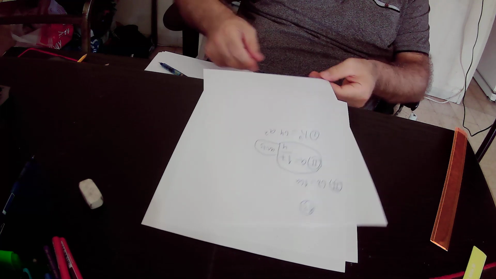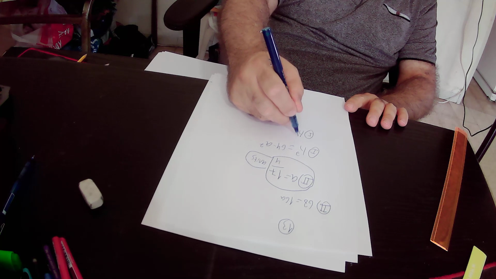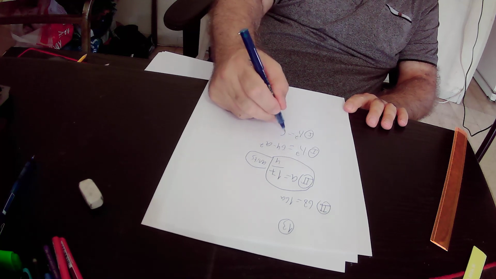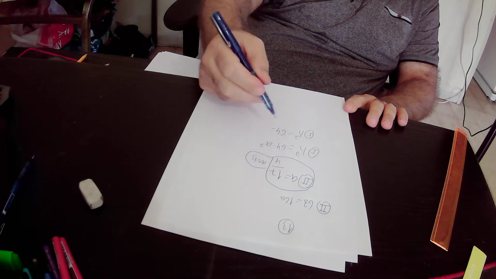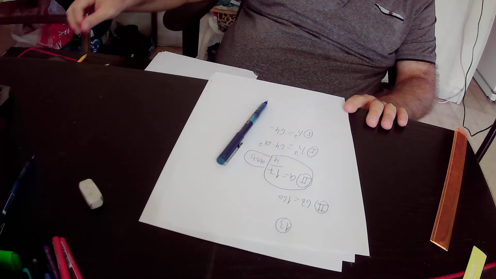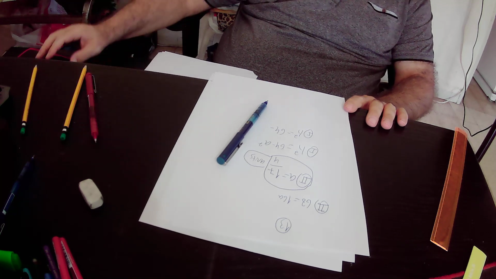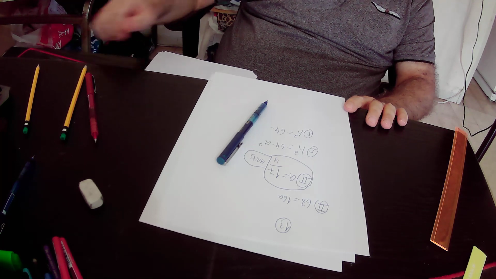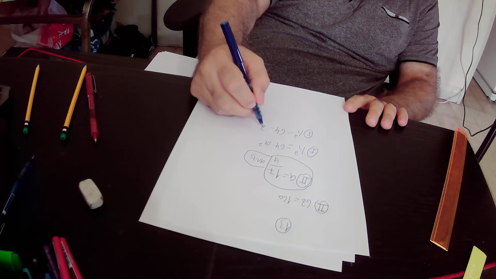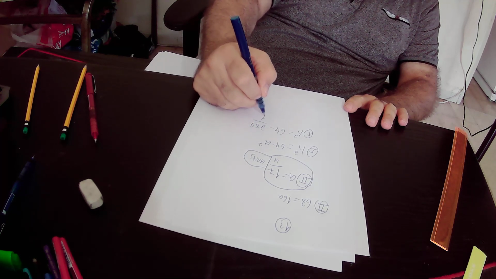Okay, so h squared equals 64 minus a squared. 17 squared equals 289 and 4 squared is 16.